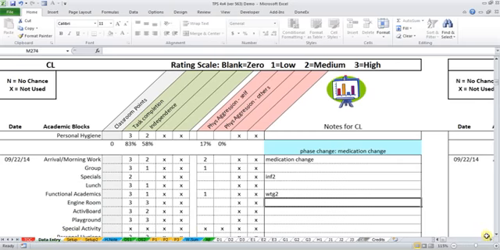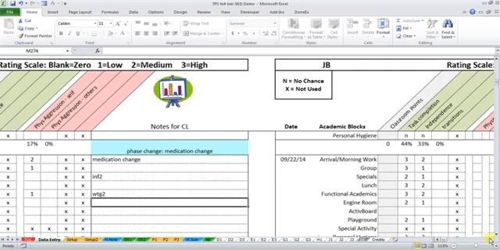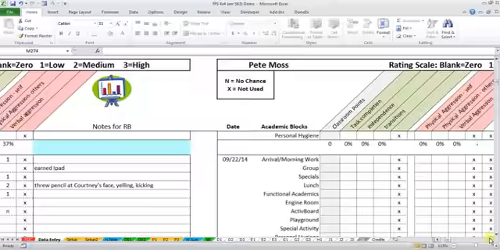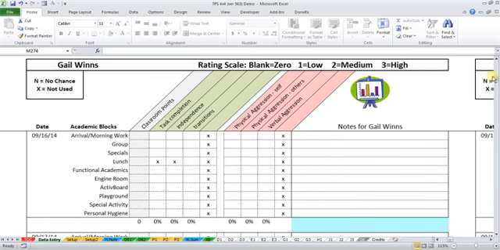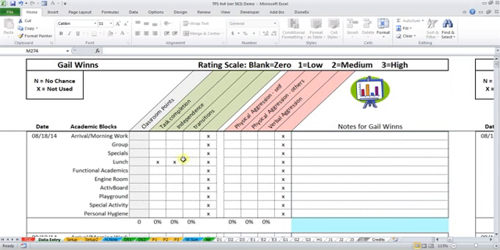Let's go over to Gail and take a look at what we have for her. I'm just going to move to the right. And there's Gail. And you see I'm going to bring this all the way up to the top. You can see that I've put some X's here. I've put them on this tab, on the data entry tab, to say I'm not going to be recording task completion during lunch, and I'm not going to be recording independence of the task completion during lunch.